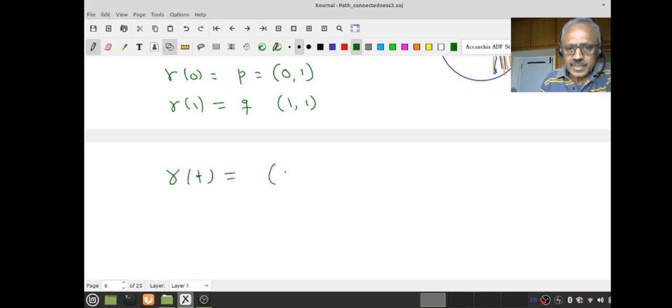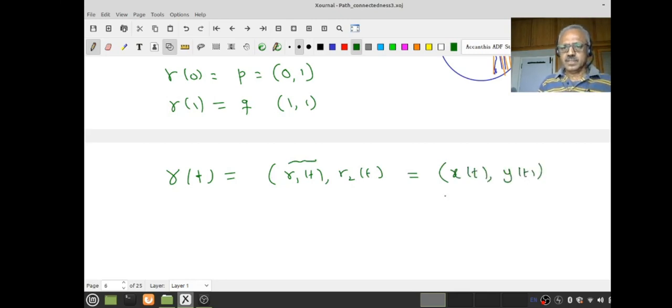I can write gamma(t) as (gamma_1(t), gamma_2(t)), the x coordinate and the y coordinate, so (x(t), y(t)). x(t) is nothing other than gamma_1(t), the x component of gamma(t).